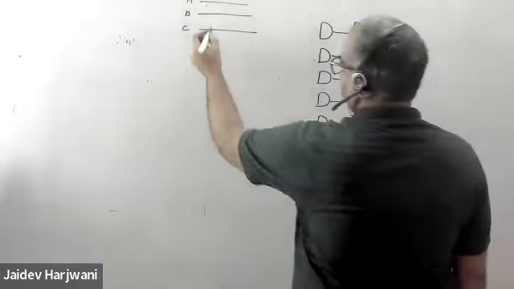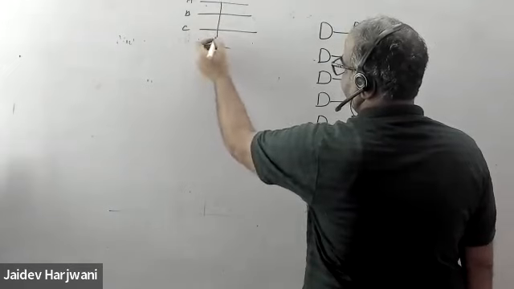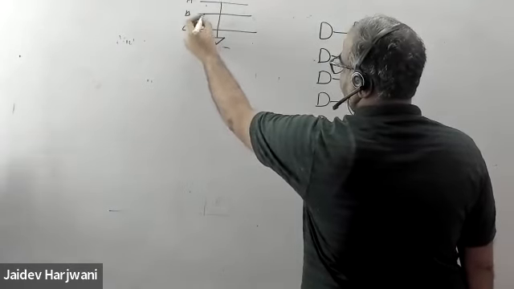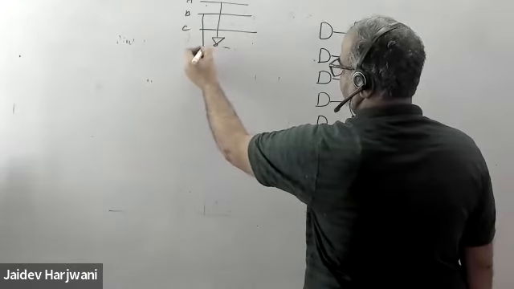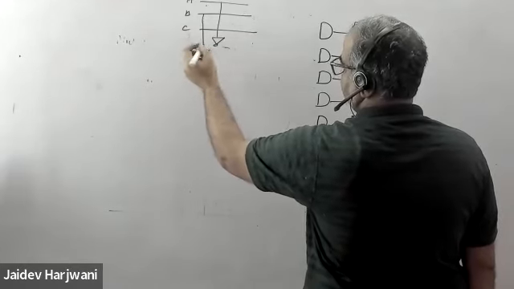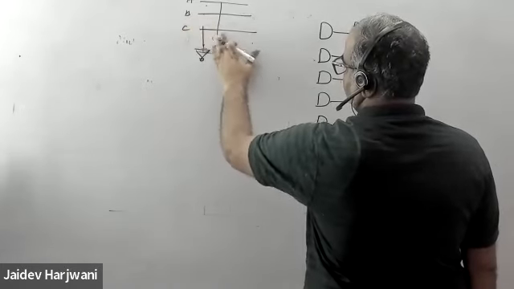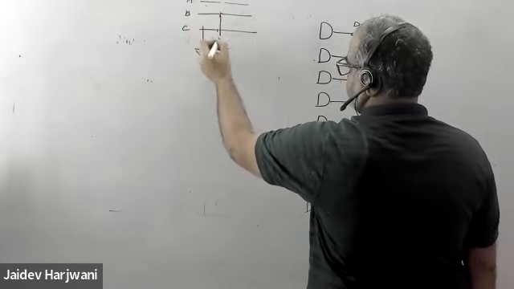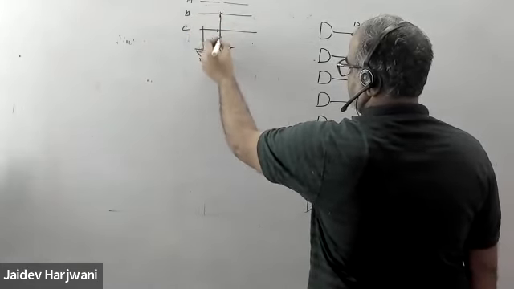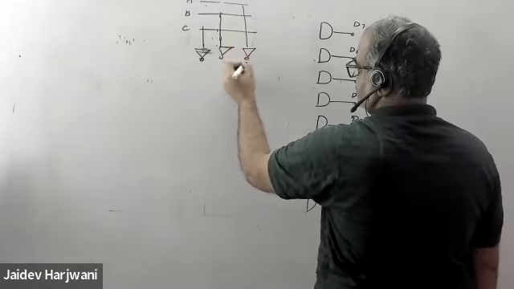Okay, so this is my, say, inversion of, not gate of B. See, this is not gate of C. See, this is not gate of B. Okay, and say this is not gate of your A.